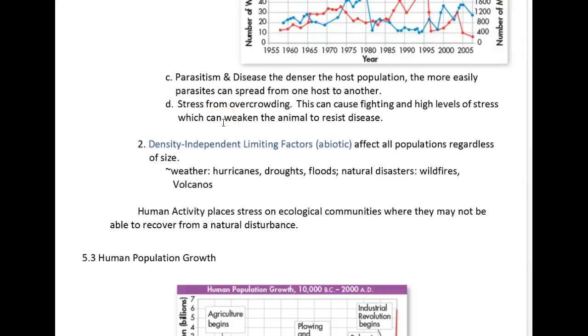And as you saw again with the high deer populations, there could be fighting. So with stress from overcrowding, we're going to get high levels of stress. Stress weakens an animal's immune system and resistance to disease, and they wind up dropping down in numbers.